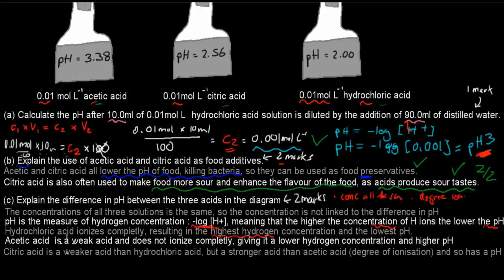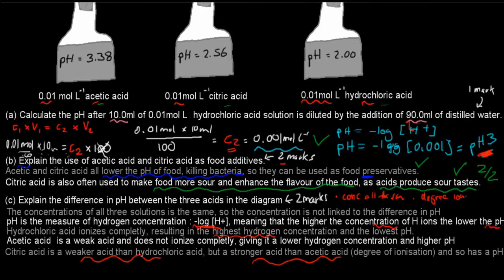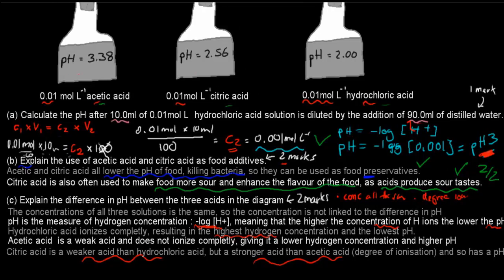Acetic acid is a weak acid and does not ionize completely, giving it a lower hydrogen concentration and a higher pH. And citric acid is a weaker acid than hydrochloric acid, but a stronger acid than acetic acid, and so has a pH between the 2. I don't think I actually wrote that, but it would have a pH between the 2 because it's stronger than acetic but weaker than hydrochloric.